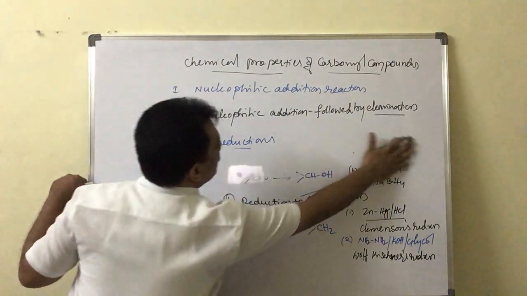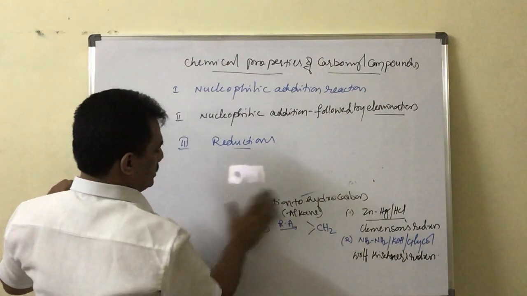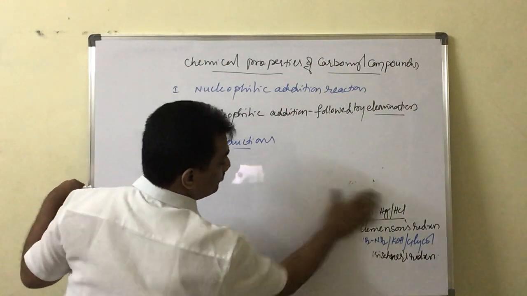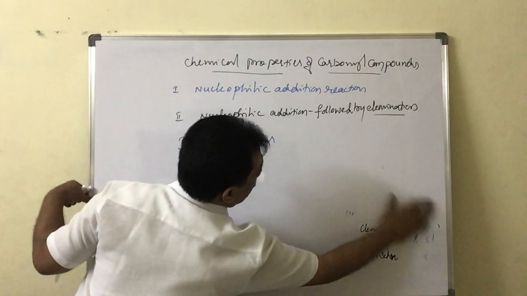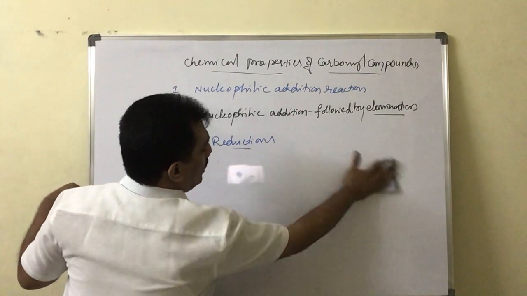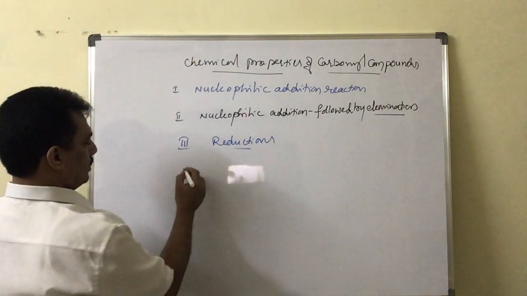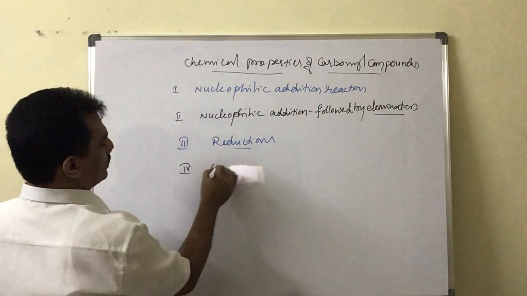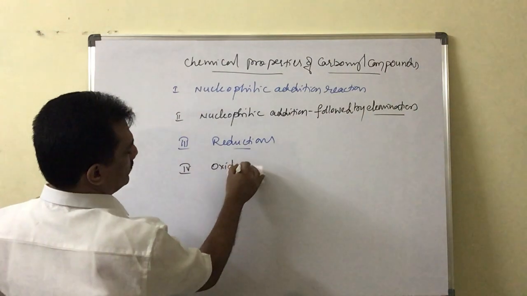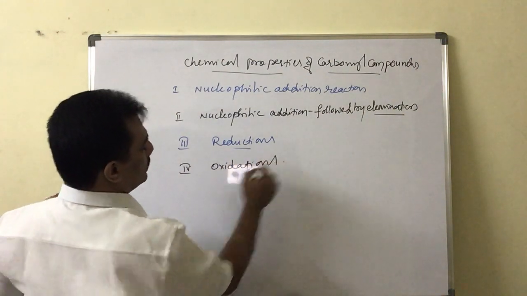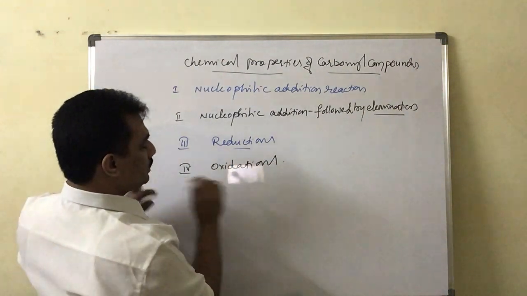And now let me list out the next reaction, which is oxidations. Similar to that of reduction, here we are using oxidizing agents, different types. Now the fourth one is oxidation reactions, and in these oxidations we can use two types of oxidizing agents.